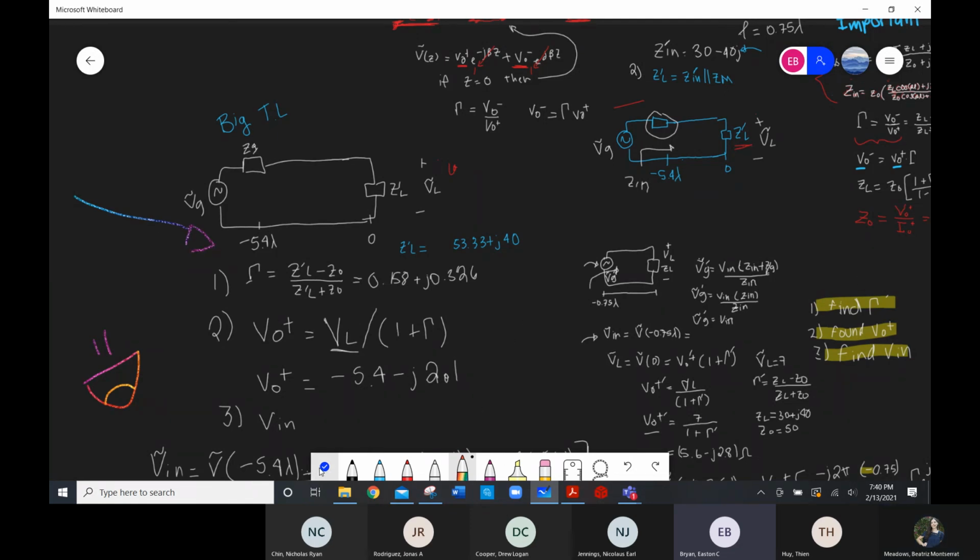Yeah, so here you can think of the ghost of the transmission line that we simplified into this network. We basically put it in this box, which is ZL.